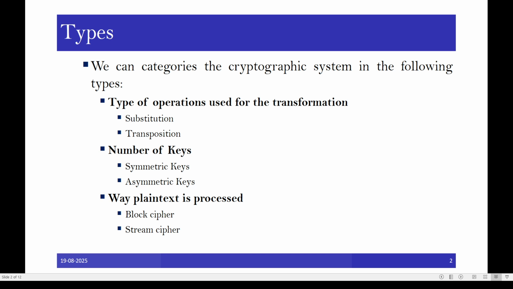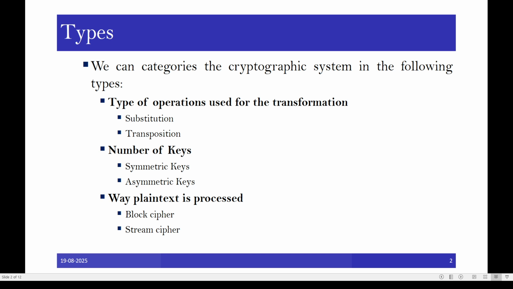The next is the number of keys that will be used in the operations, in transformation or substitution. It can be a symmetric key or an asymmetric key. We have discussed symmetric and asymmetric keys, what they are and how we actually use them, but we will see it again in this slide.